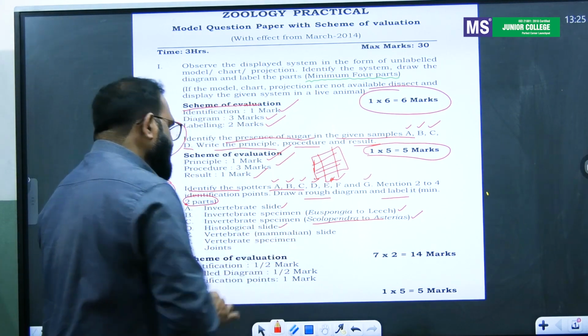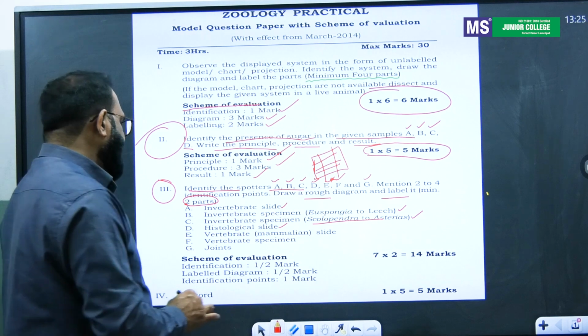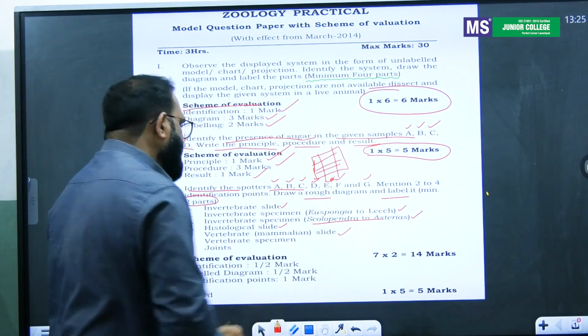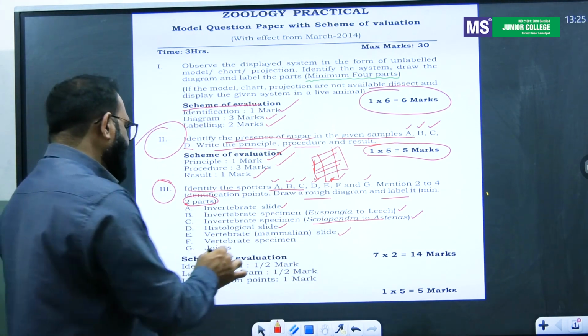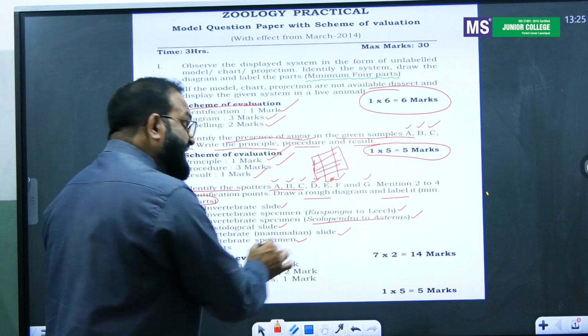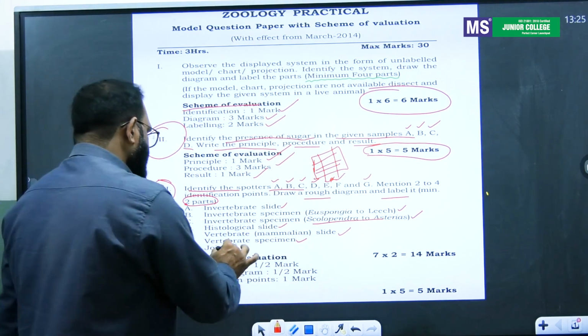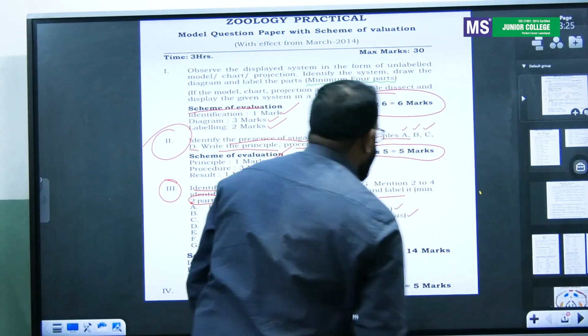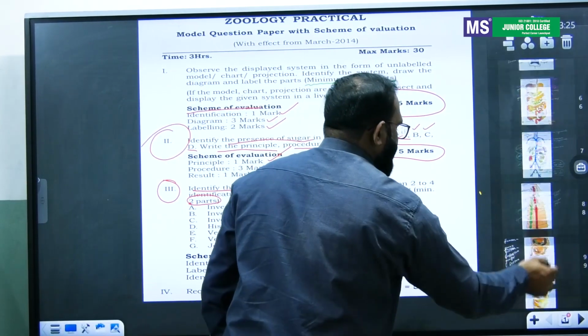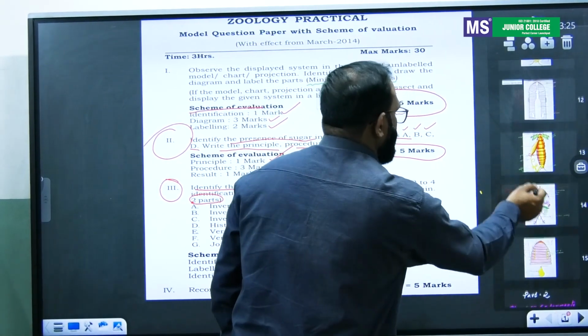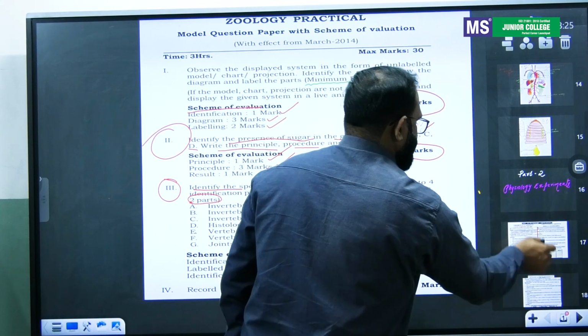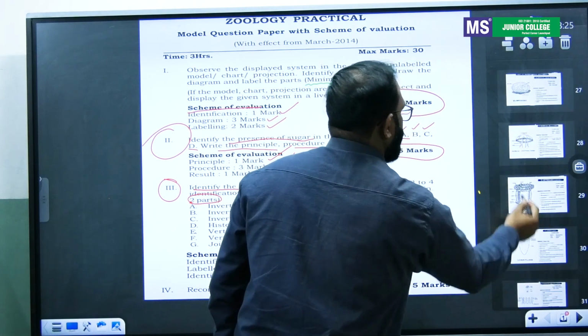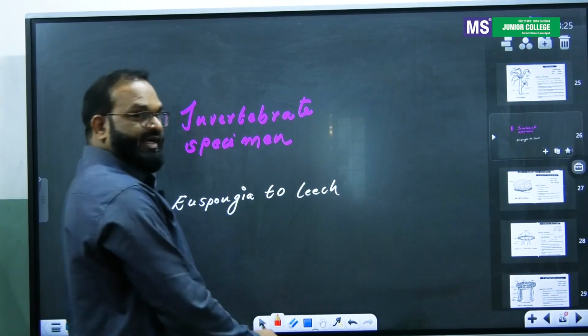In D, a histological slide will be there. In E, a mammalian slide will be there. In F, a vertebrate specimen will be there. And in G, joints will be there. I would like to give a quick revision and make you understand how to write the points, students.